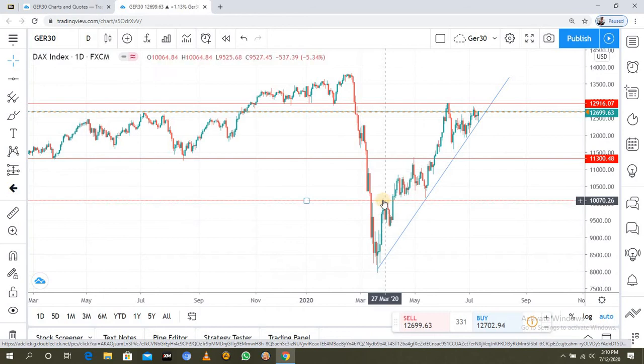When price pushed up, it made a highest point here and then went back down, and then pushed and broke it, and then made a higher point here, went down, respected the trend line, pushed up, made a higher point here, went down, respecting the trend line. So there's a high possibility that this would be broken this week.